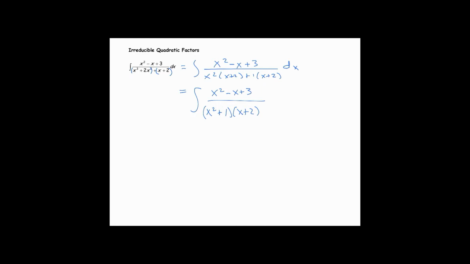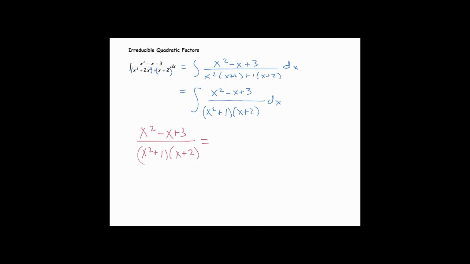And now the idea here is we're going to do the same thing we've normally done, except that there's a linear factor in the denominator, the x plus 2, but then there's a quadratic that can't be factored anymore. It's an irreducible quadratic, hence the name.